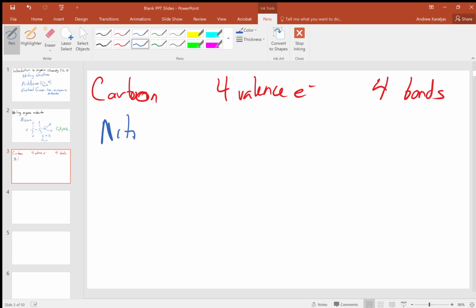Nitrogen has 5 valence electrons, needs 3 more, and so ends up with 3 bonds and 1 lone pair. Now, these are what apply for when the atom is neutral. If we have an ion, cation or an anion, these numbers can change. But if we have a neutral molecule, then these are the numbers that we will pretty much always see.